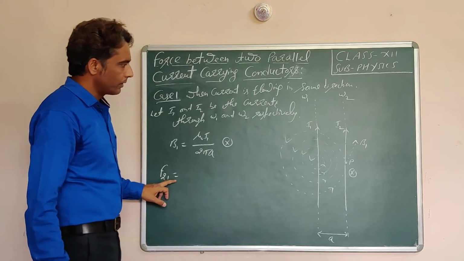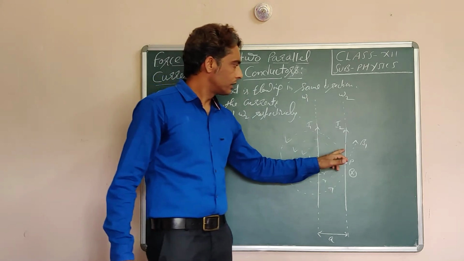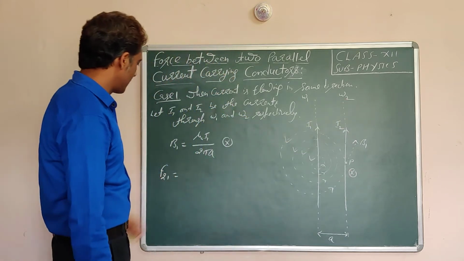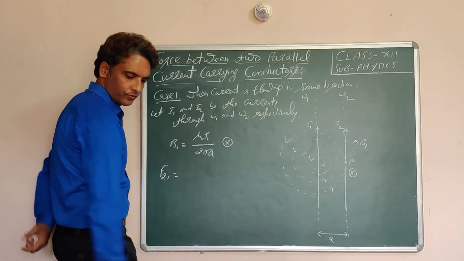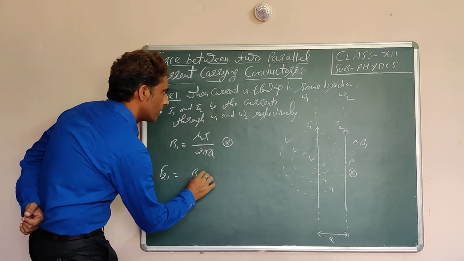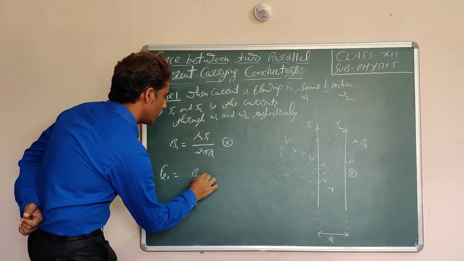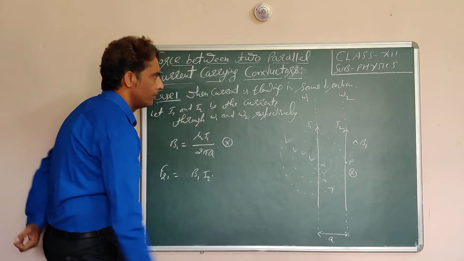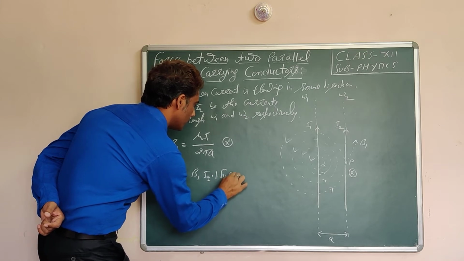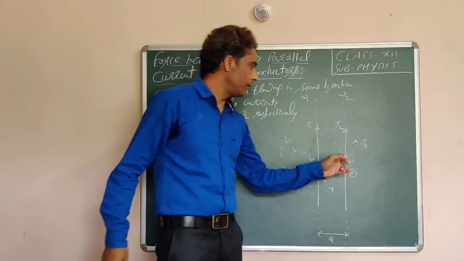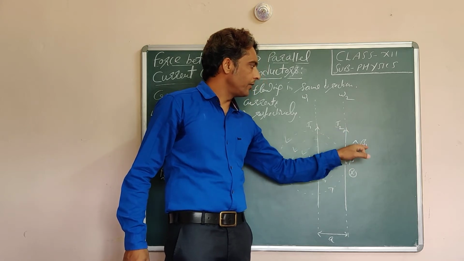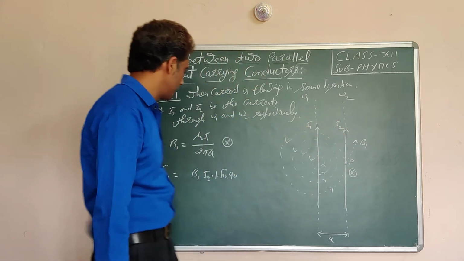So let this F21 be the force per unit length of conductor W2, then this F21 will be equal to B1 I2, and if we consider unit length, then 1 sine of 90, because magnetic field is directed inward and direction of current is this, so angle between B1 and I2 is 90 degree.